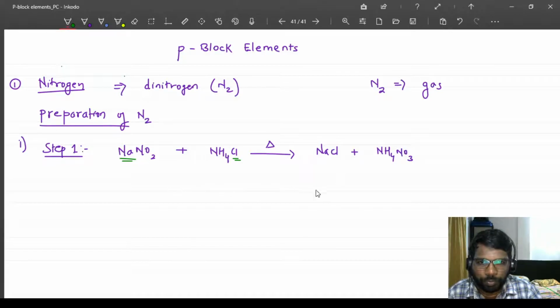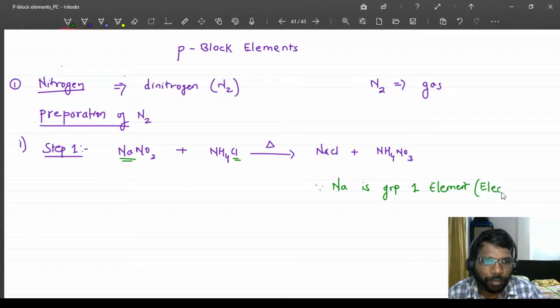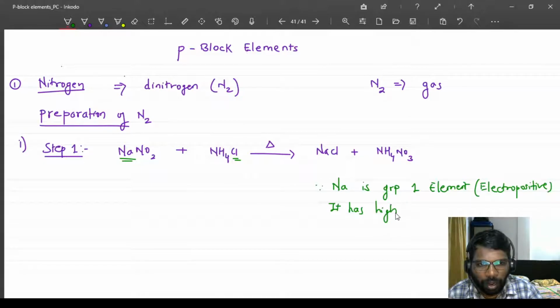Since sodium is a group 1 element, it is highly electropositive, and it has a high affinity for halogens.